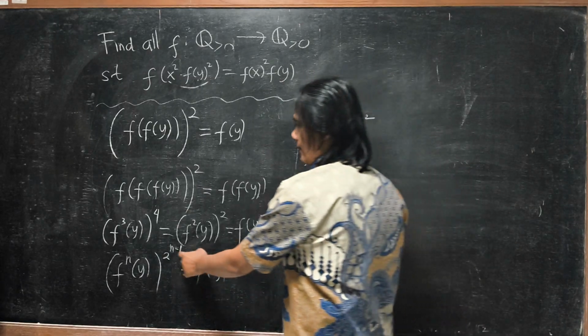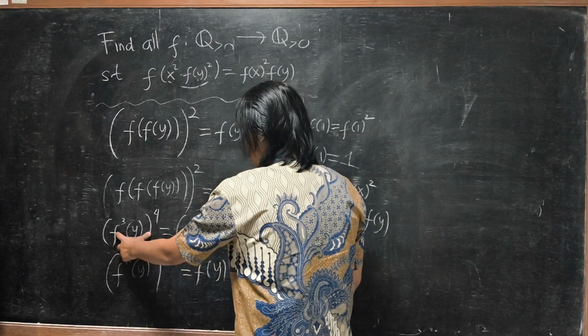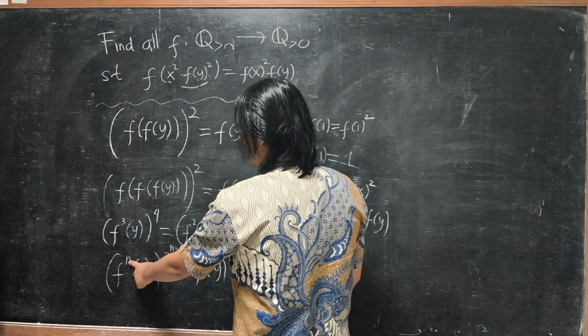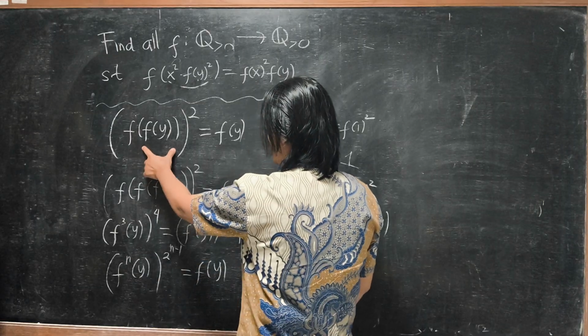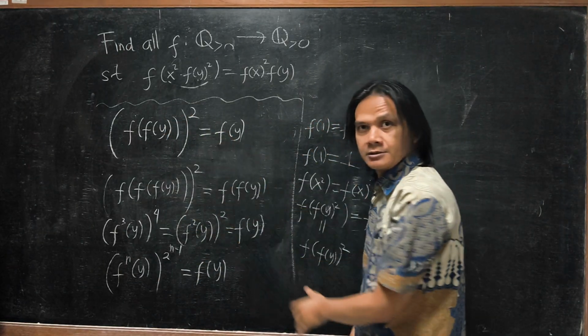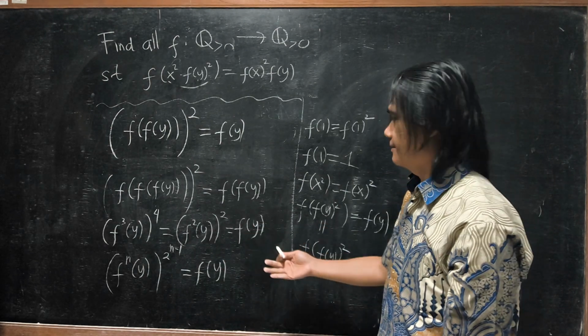When n equals 3, we exactly have this one. When n equals 2, we have exactly this first statement. You can try to prove it inductively.